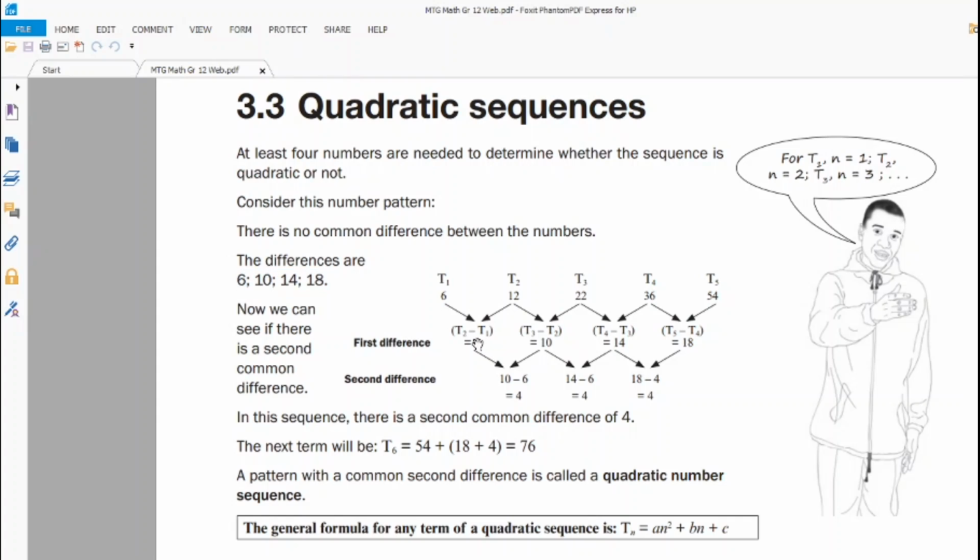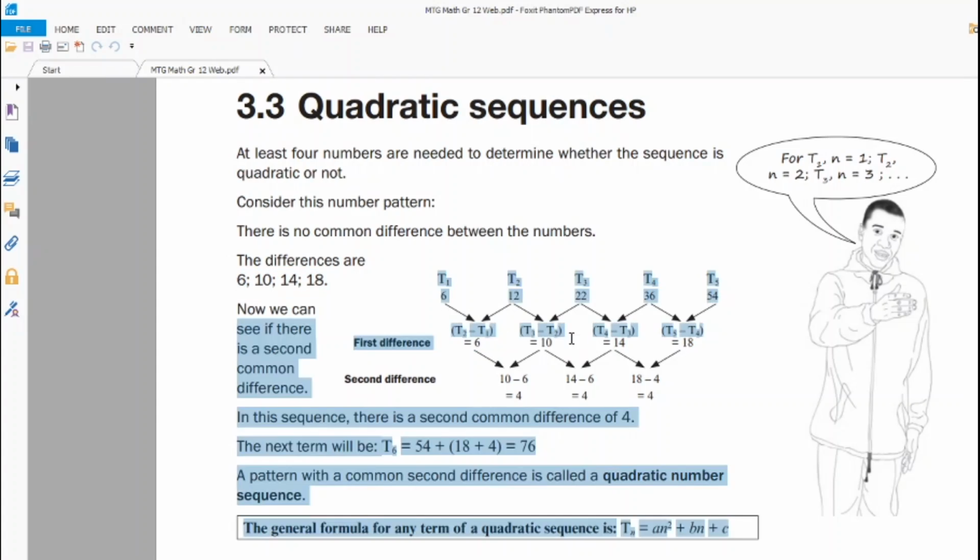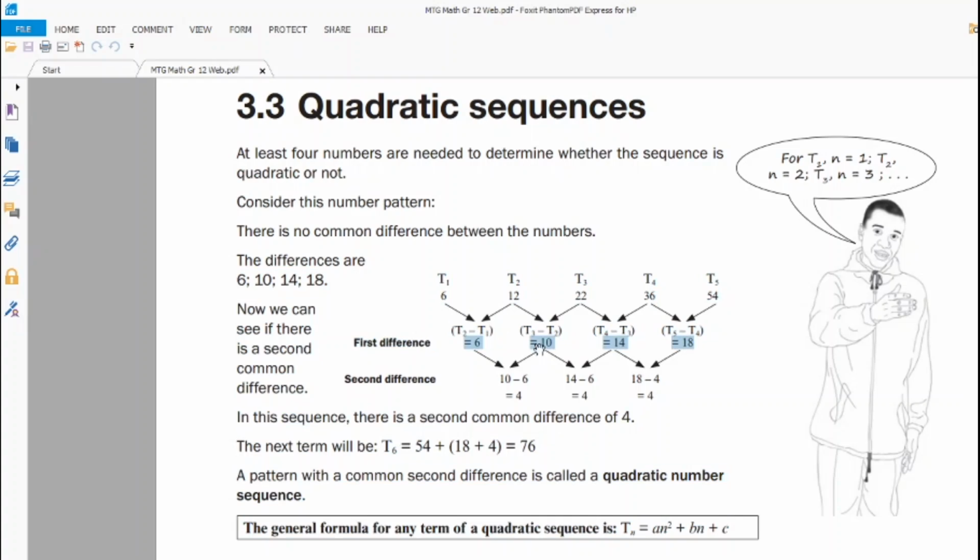Here is your first difference. T2 minus T1: 12 minus 6 gives 6. T3 minus T2: 22 minus 12 gives 10. T4 minus T3: 36 minus 22 gives 14.